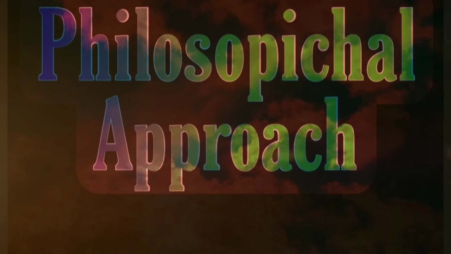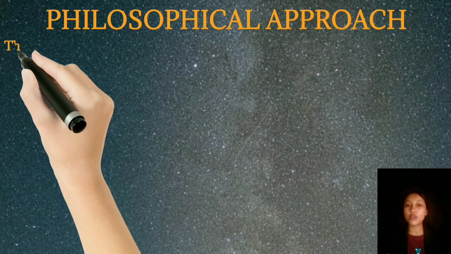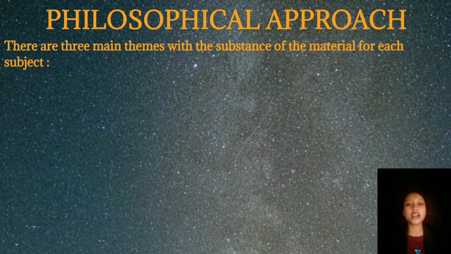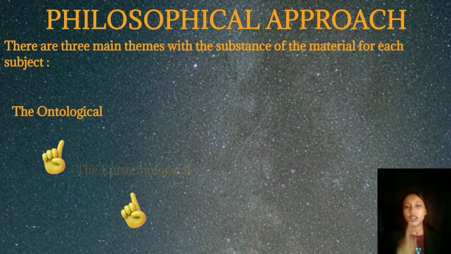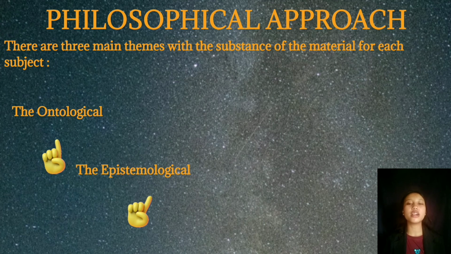Philosophical approach. Guys, we move to the next topic about the philosophical approach. You know guys, in the philosophical approach, there are three main terms with the substance of the material for each subject. The first one, the ontological terms, understand the focus or substance of each subject.